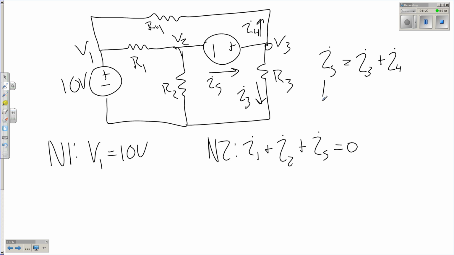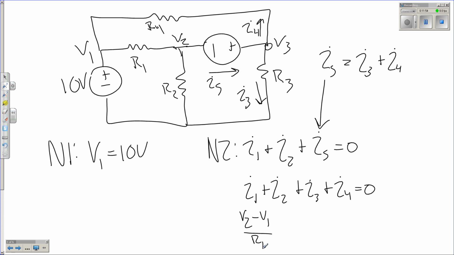But now I can replace IS with our law equation. So I1 plus I2 plus I3 plus I4 has to equal 0. And from here, now I can translate this into node voltage. So I1 is just V2 minus V1 over R1.